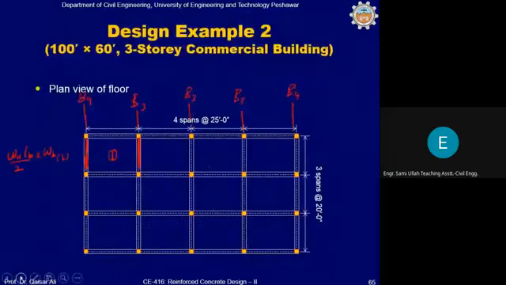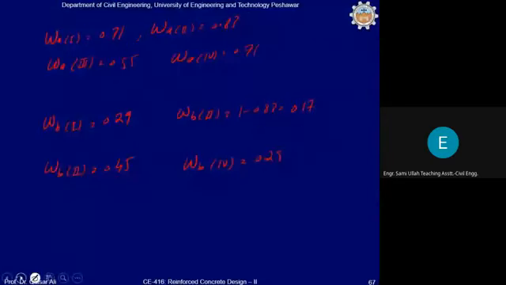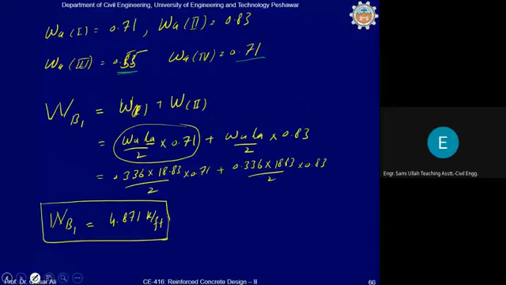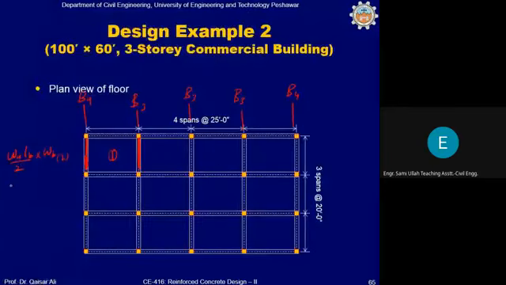So what is the value? WB of panel 1 is 0.29. तो हमारे पास this is 0.336 multiplied by LB is 23.83, because now this is the load transfer along the longer direction.